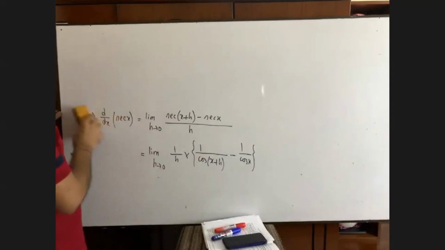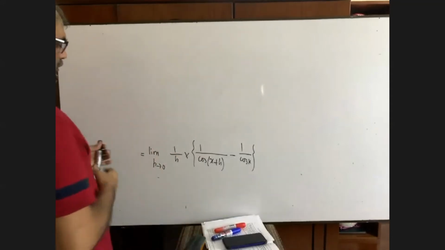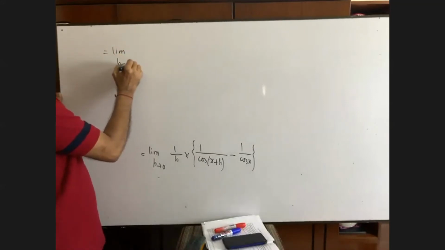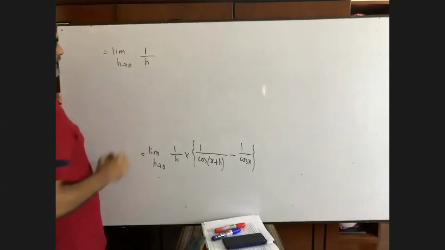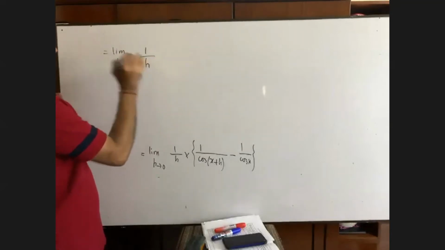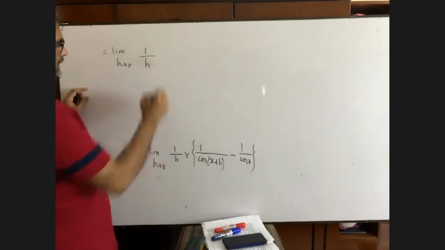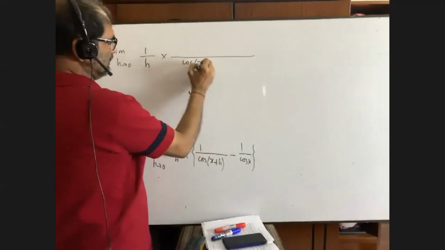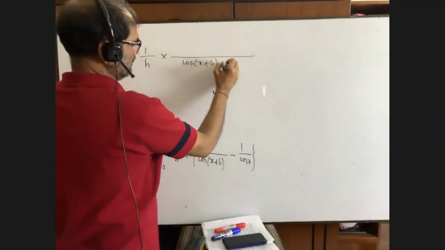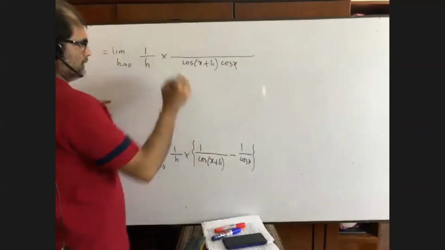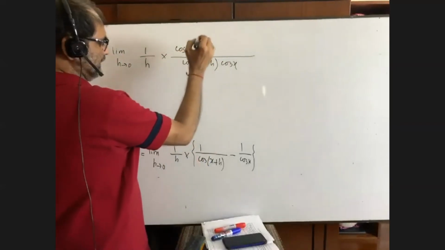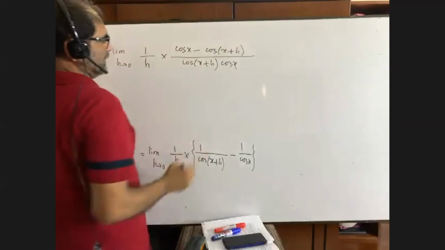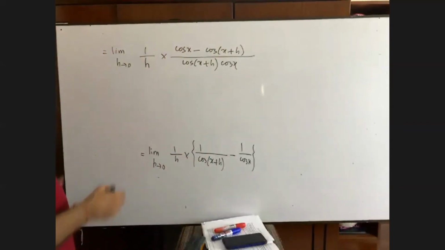It is the limit as h tends to 0 of 1 by h into, now LCM, cosine(x+h) by cosine x, that is cosine x minus cosine(x+h).